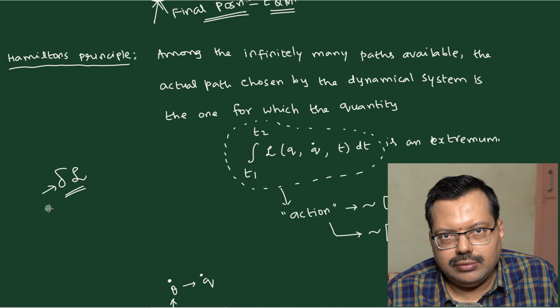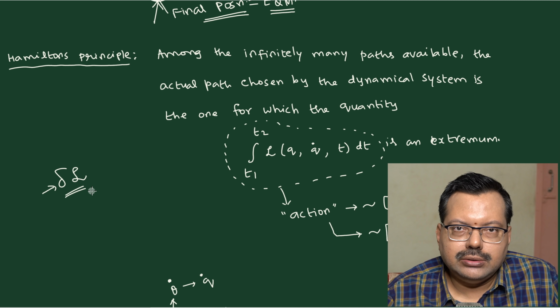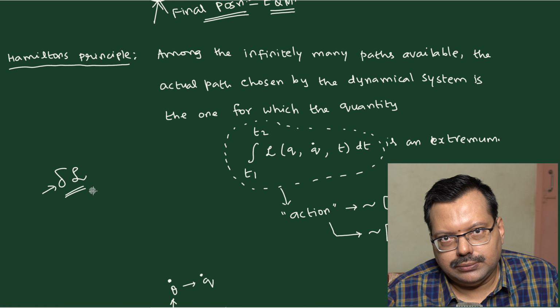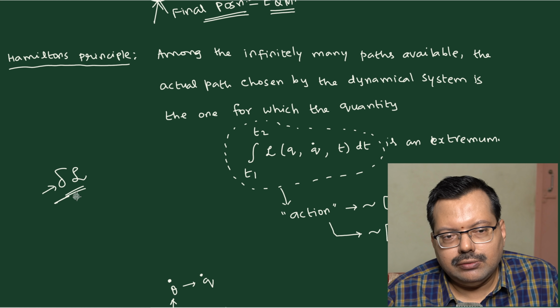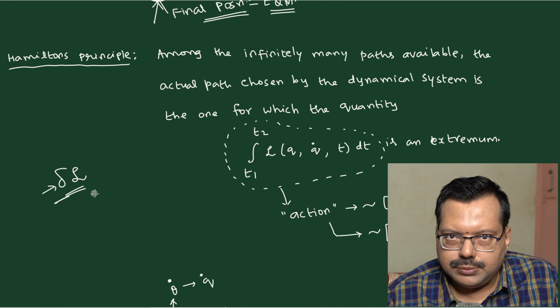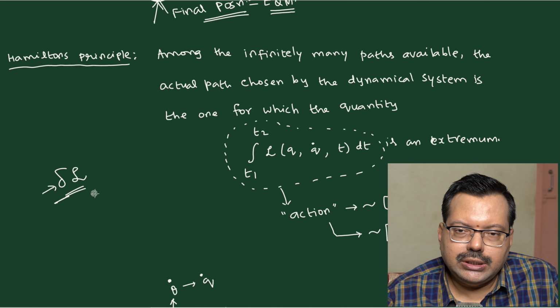That differential equation is known as the Lagrange equation or Euler-Lagrange equation. So in the next class, we will see how to obtain the Euler-Lagrange equation starting from Hamilton's principle.